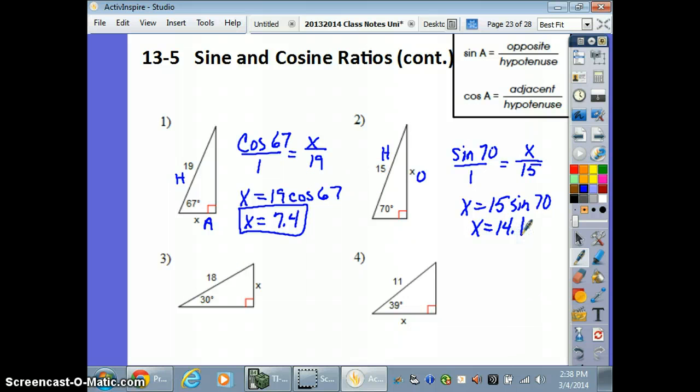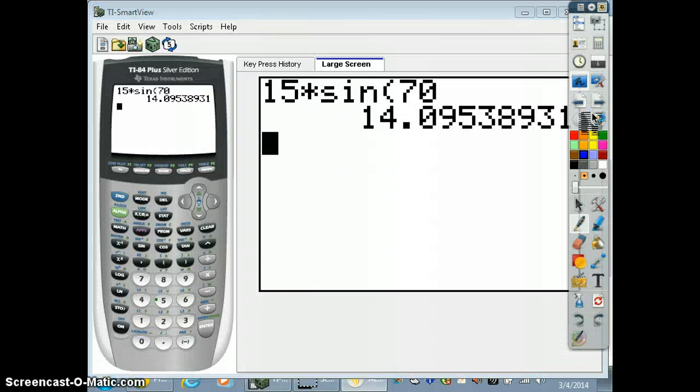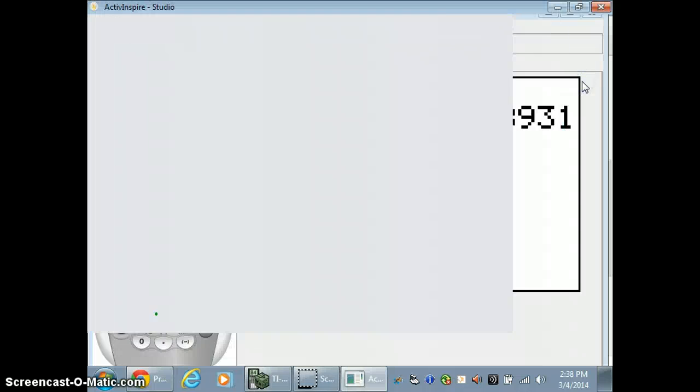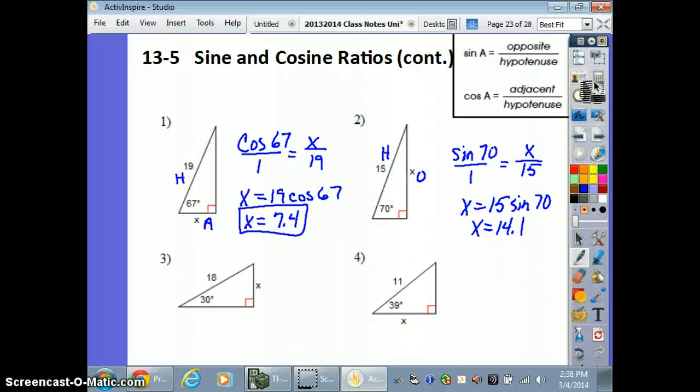All right, the next one. Reference angle, hypotenuse, opposite. Opposite and hypotenuse, sine.